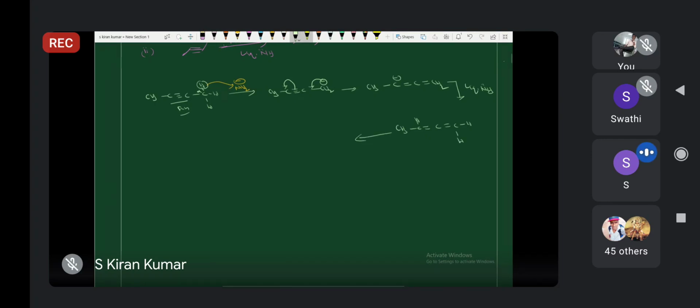Again the same mechanism, again the NH2⁻ base. Again this proton reacts with the base here. The terminal carbon again gets a negative charge. CH3... C=CH. What is the charge here? Negative charge is present on this, delocalized like this.